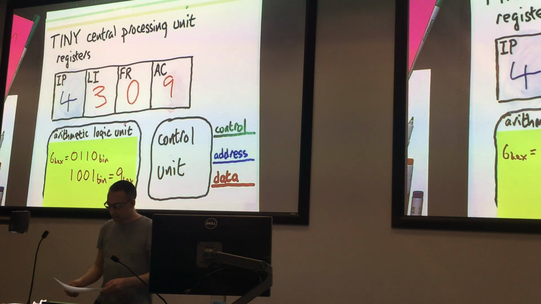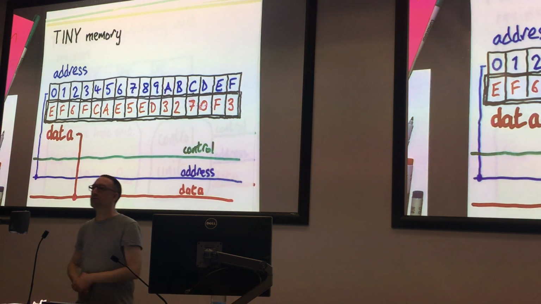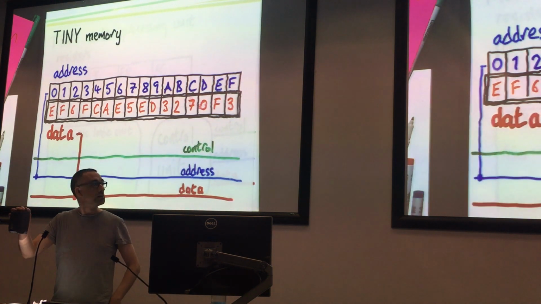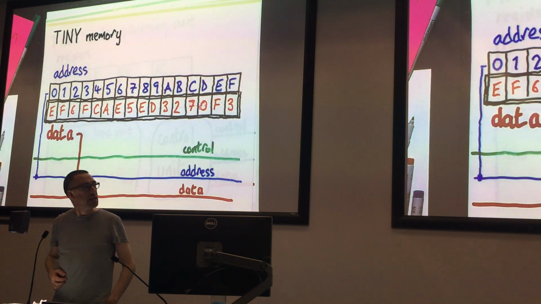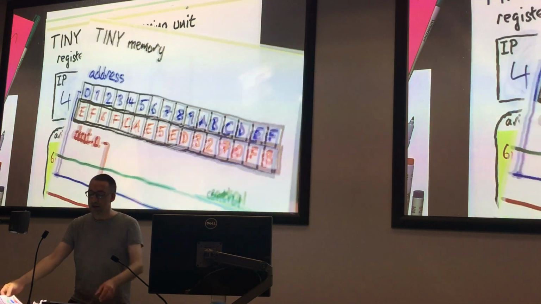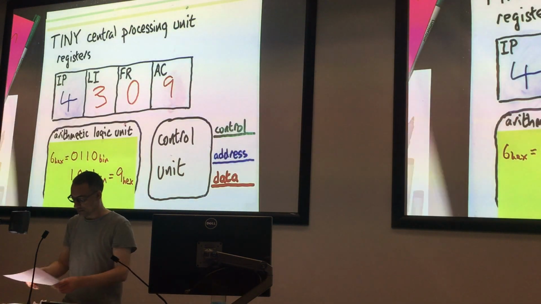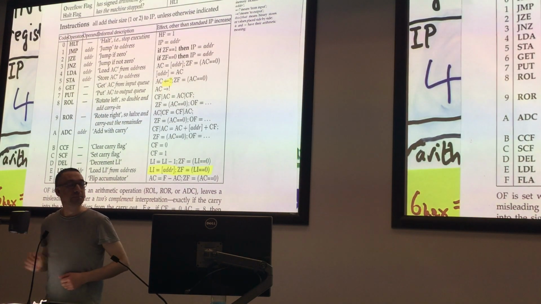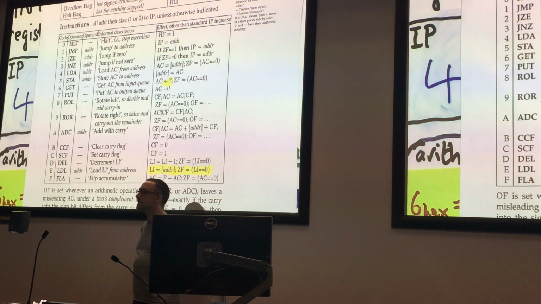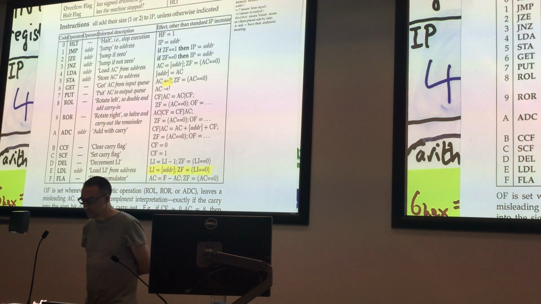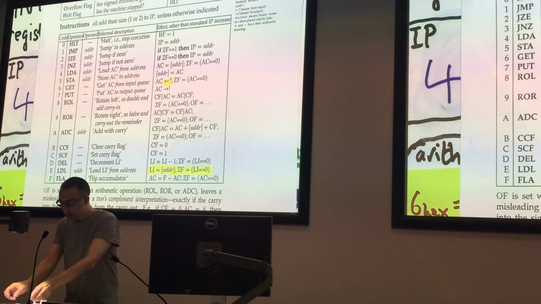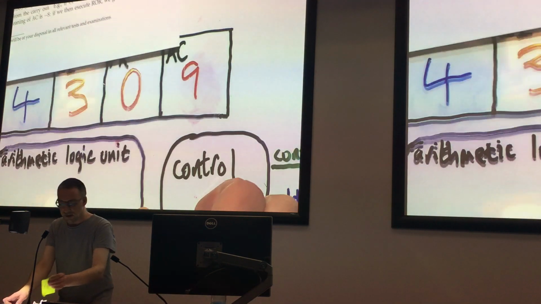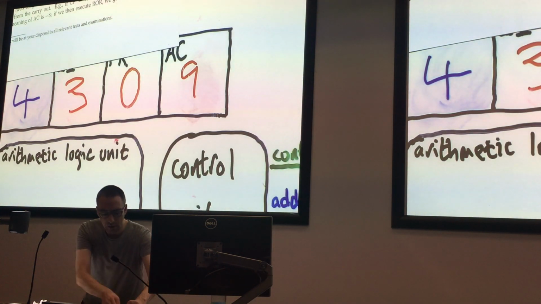What's in memory location 4? Let's do the operator fetch. Yep. We got a C. Okay, let's do the decode. What does C mean? Set carry flag. Okay. So what I need to do, a bit more arithmetic logic unit.